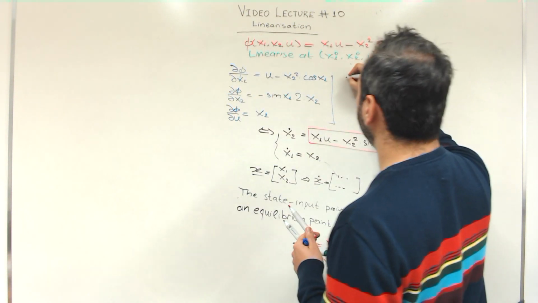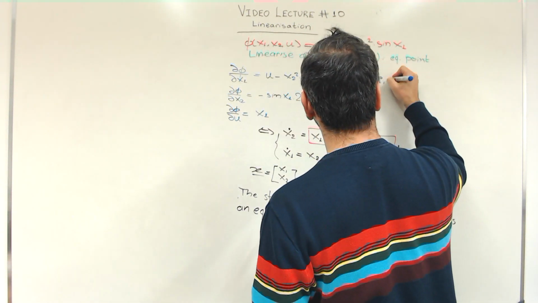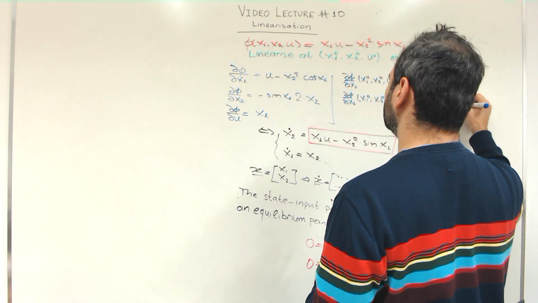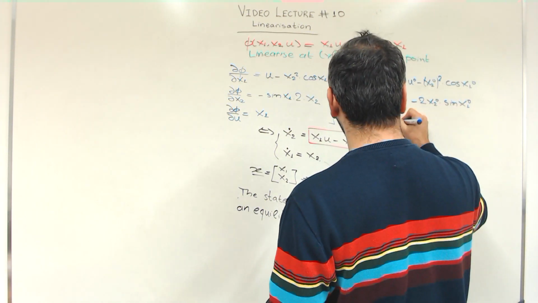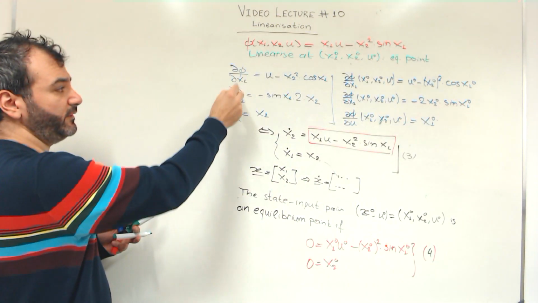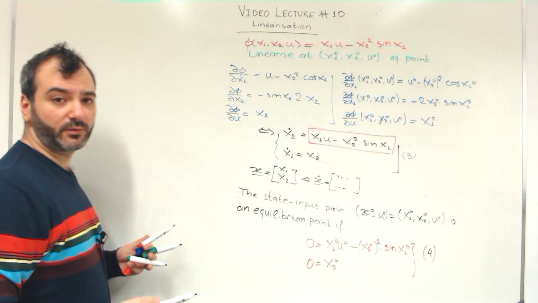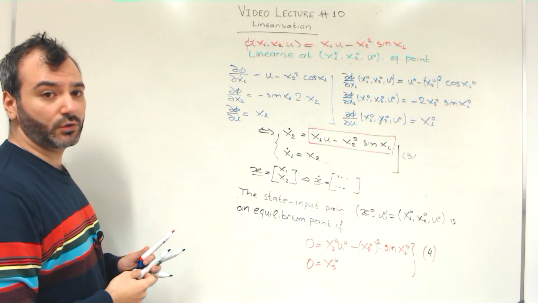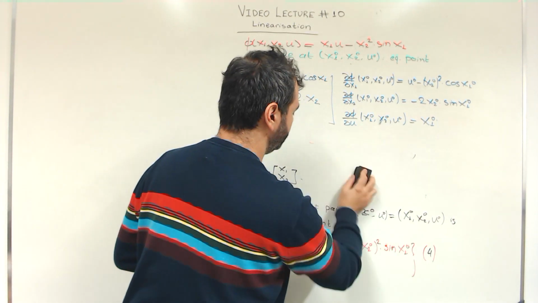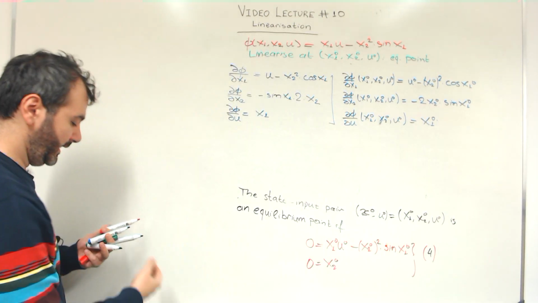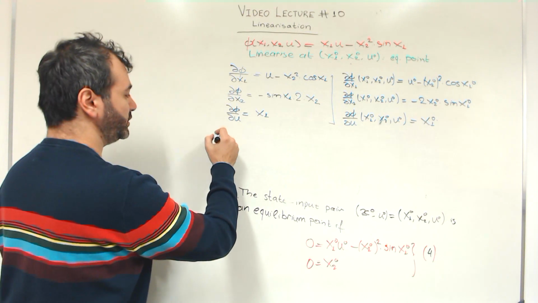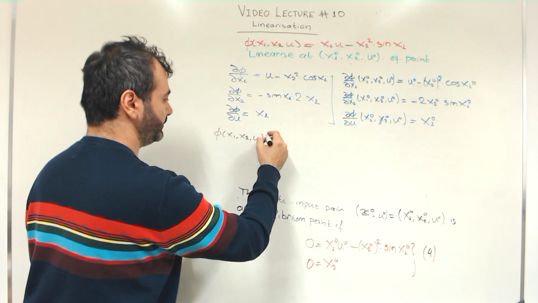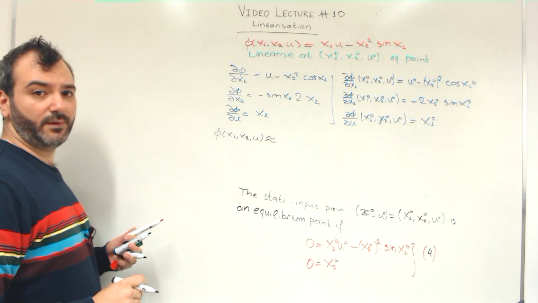And now very quickly, the derivatives at the equilibrium point are given by these quantities. These are now constant quantities. And now we have that the linear approximation of function phi is given by the following.